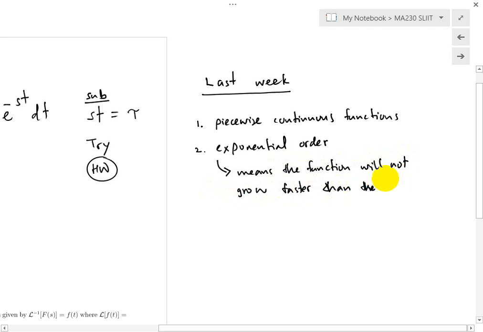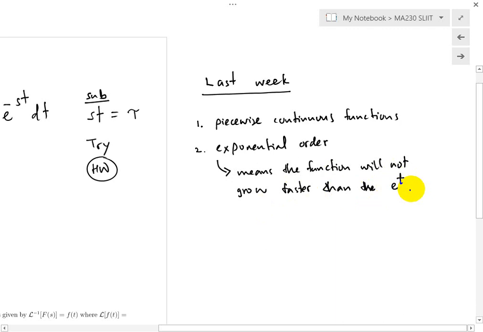Your function, as time goes to infinity, will not increase very rapidly. It will not grow faster than the exponential function, exponential t. Because of that, you can use this exponential function to control the other function.